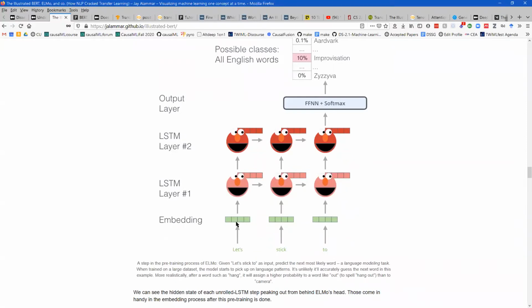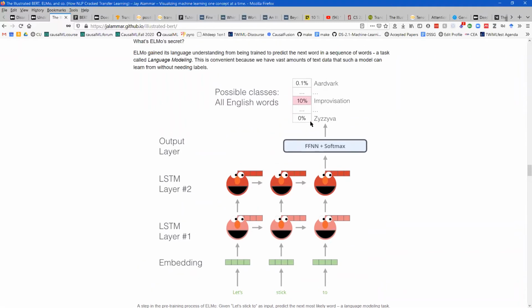So ordinary embeddings go in, and then out come sentence embeddings, or embeddings based on the sentence.